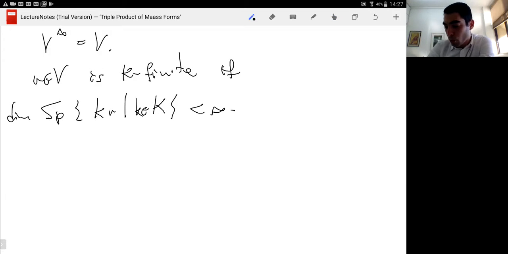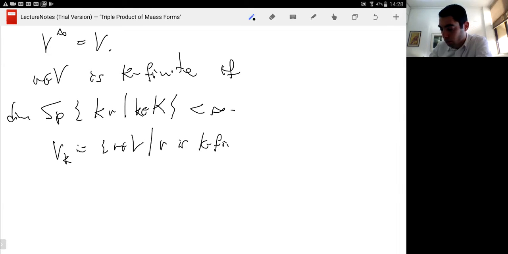Okay, one might ponder the relationship between the two definitions we just made, and it's a pretty easy computation to see that V_K, defined to be all the K finite vectors, lies inside V infinity.